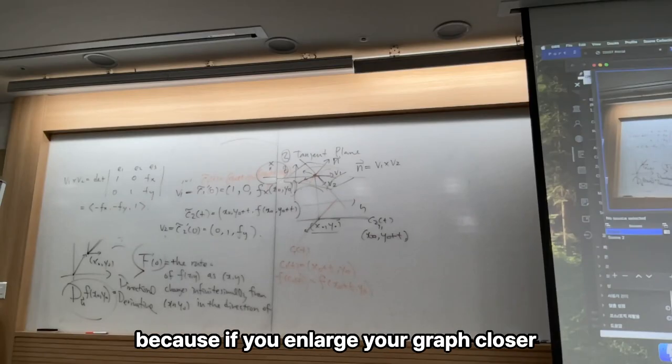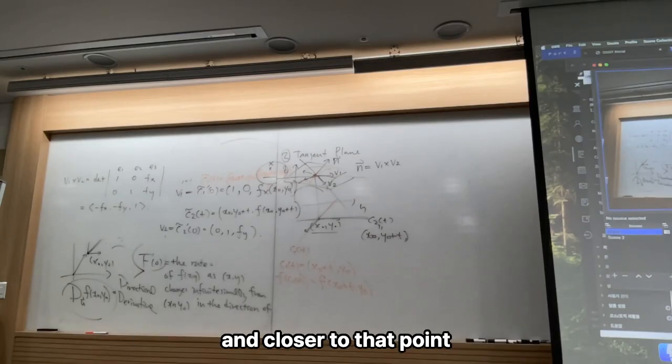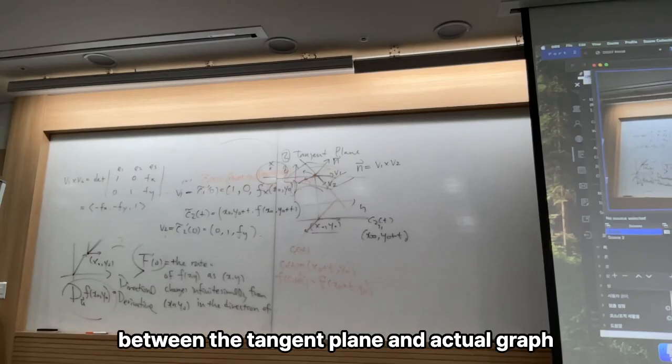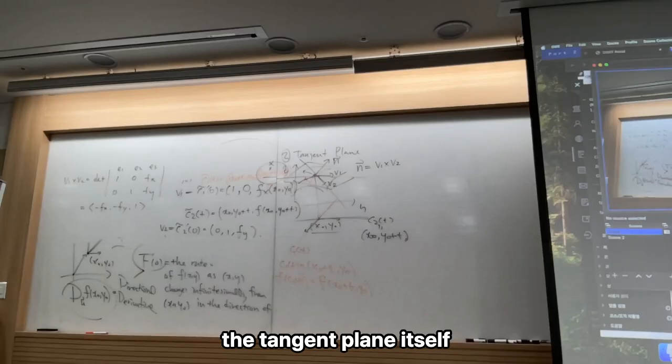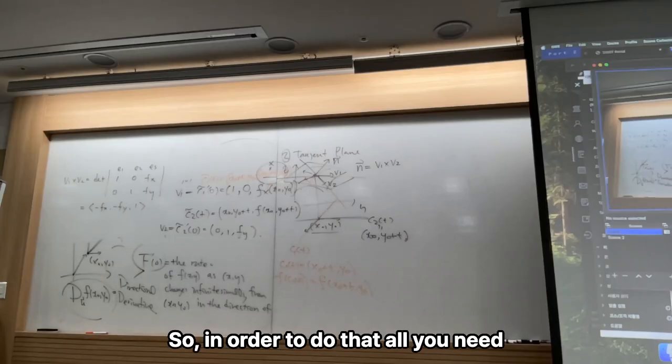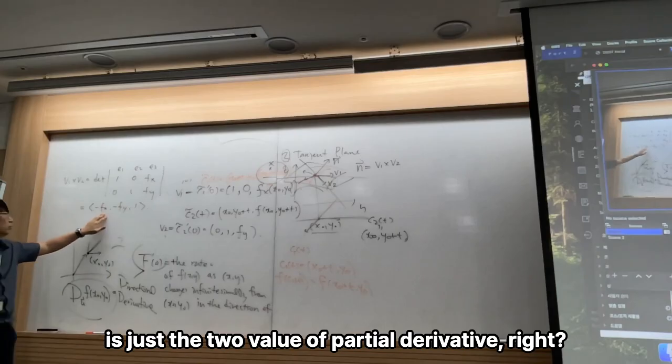Because if you enlarge your graph closer and closer to that point, the difference between the tangent plane and the actual graph gets smaller and smaller. So you can see the tangent plane itself is almost the same value as the function. To do that, all you need is just the two values of the partial derivatives, right?